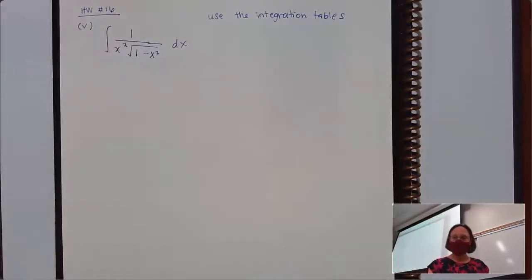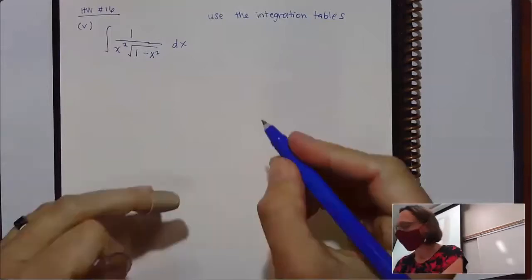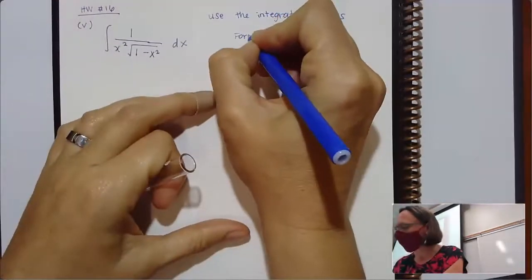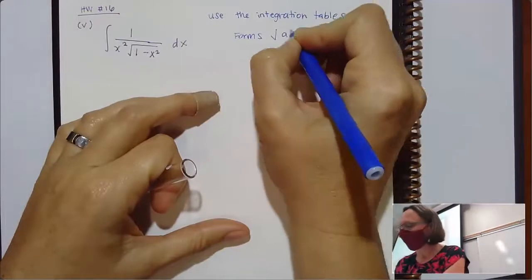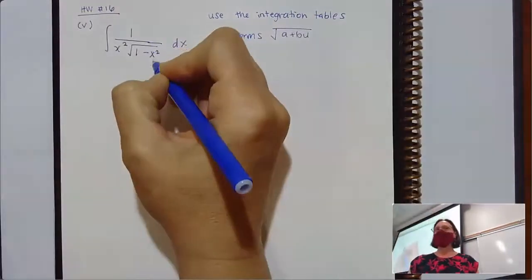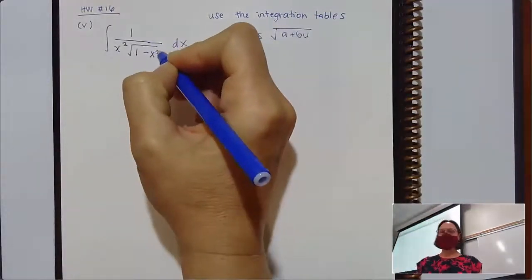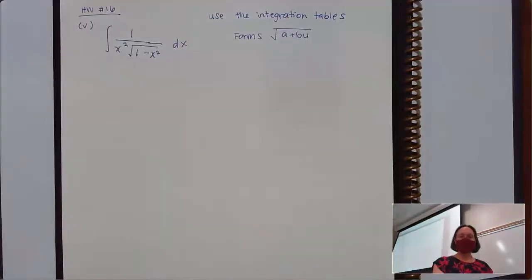If I look through those tables, the first set of square roots talks about forms involving a plus bu. That's not really matching what we have. So I'm going to keep going and look for something else with square roots.